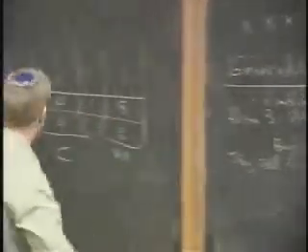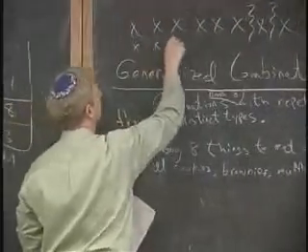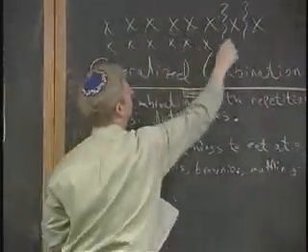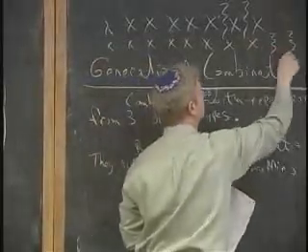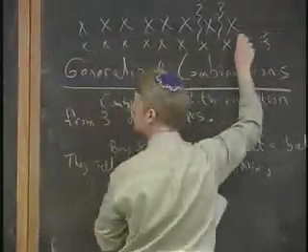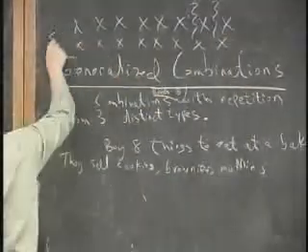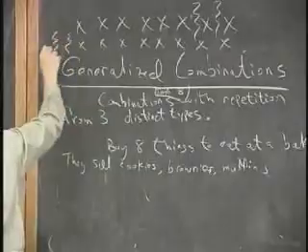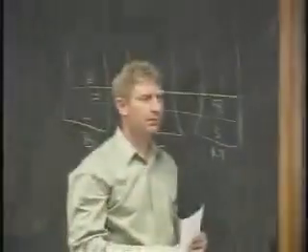Let's do the next one. 008. Where do the squiggly lines go then? Where are the squiggly lines here? Here. 0, 0, 8. 3 sections.